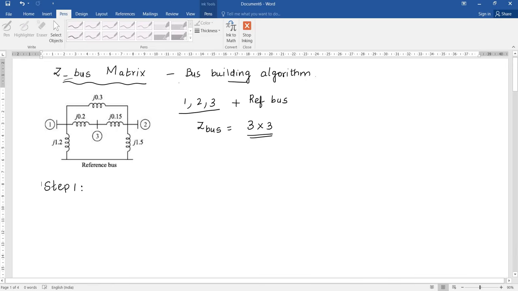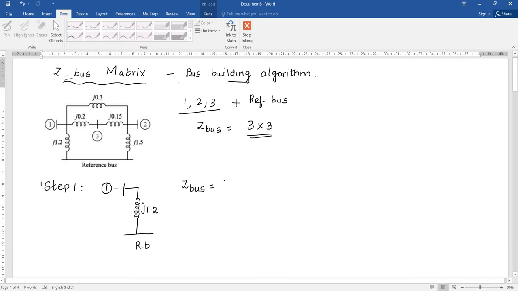First, step number 1. In step number 1, we have considered bus number 1 that is connected to the reference bus. The value is equal to j1.2. So how to write the Zbus matrix equation?